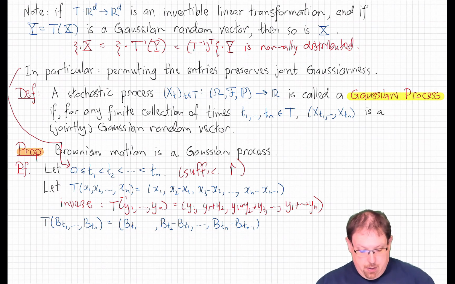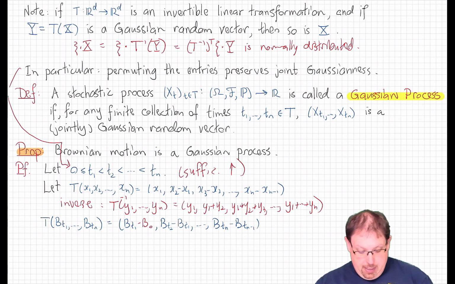And in fact, these are all increments because B_{t1} is the same as B_{t1} minus B_0, where we're taking the Brownian motion that starts at 0 canonically here. But our definition of Brownian motion includes this sequence of increments being independent normal random variables. And if we have independent normal random variables, they do form a Gaussian vector.